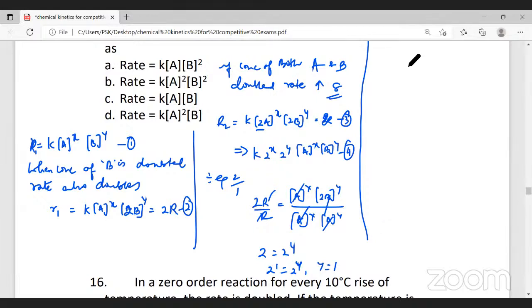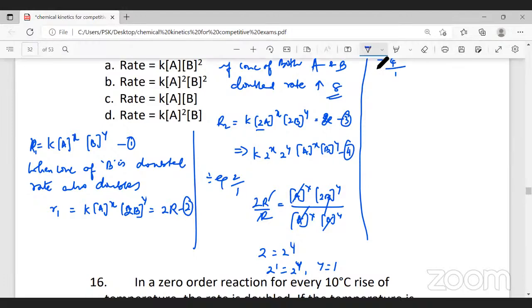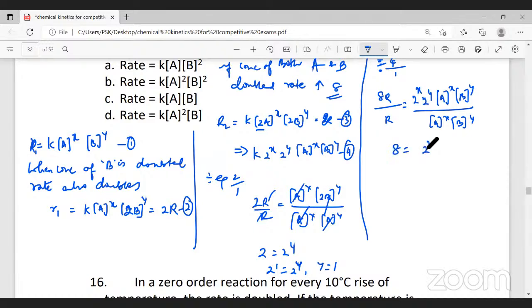Now, similarly, dividing equation 4 by equation 1, we get 8R by R is equal to 2 to the power X, 2 to the power Y into A to the power X into B to the power Y divided by A to the power X into B to the power Y. On simplification, 8 will be equal to 2 to the power X and 2 to the power Y. Since Y is equal to 1, we can write 8 is equal to 2 to the power X into 2.